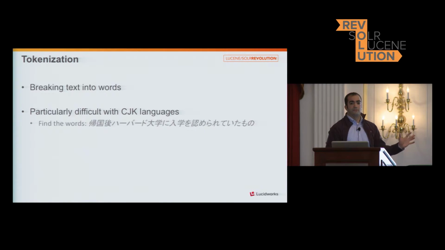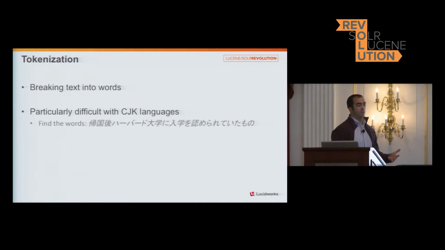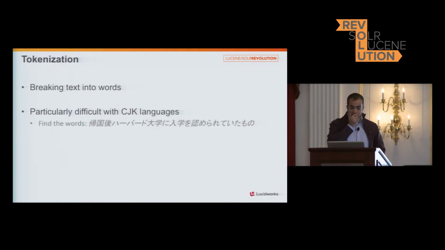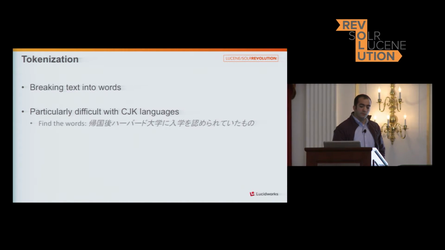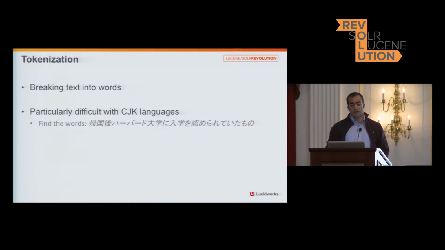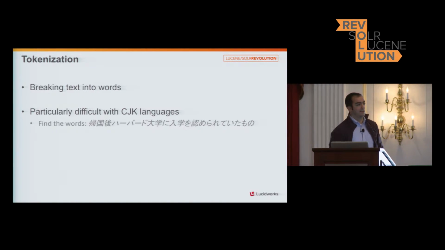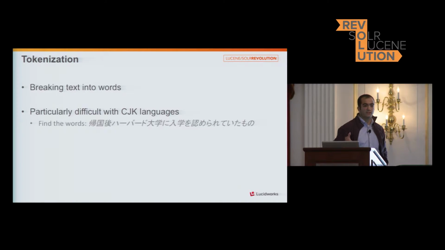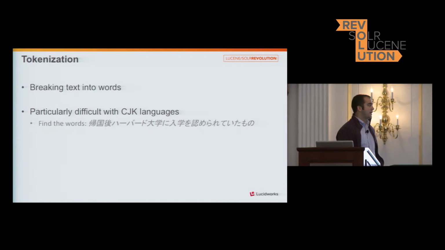Okay, but for all the other processes I mentioned, those are happening within your field type. So tokenization, simply breaking text into words. If you're an English speaker only, or maybe Latin languages, say, and a bunch of others, say non-CJK, then breaking text into words probably doesn't seem like a hard problem to you. If you've taken intro CS and someone asks you, okay, here's a piece of English, can you tokenize this for me?